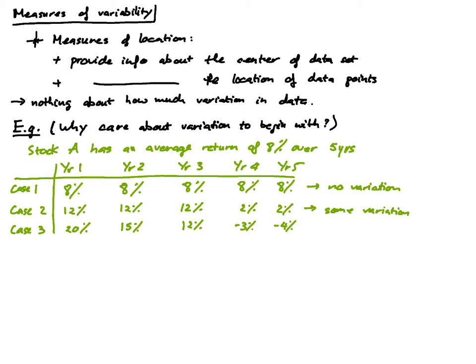And then there's even more variation in the third case. So the measures of variability allow us to describe the amount of spread in the data, so we can compare between these options, for example.